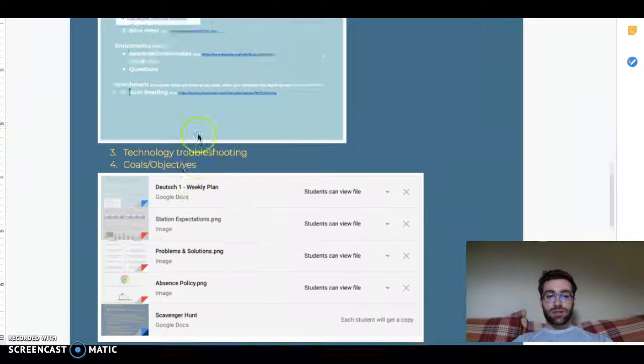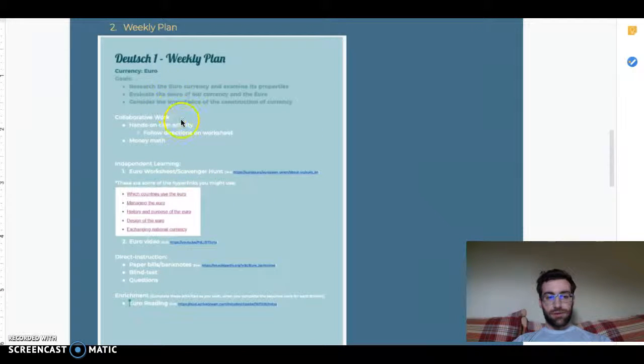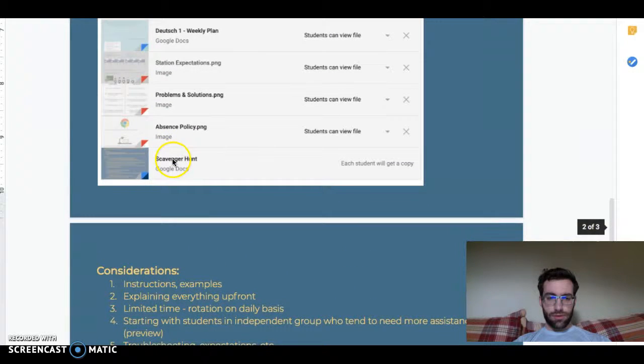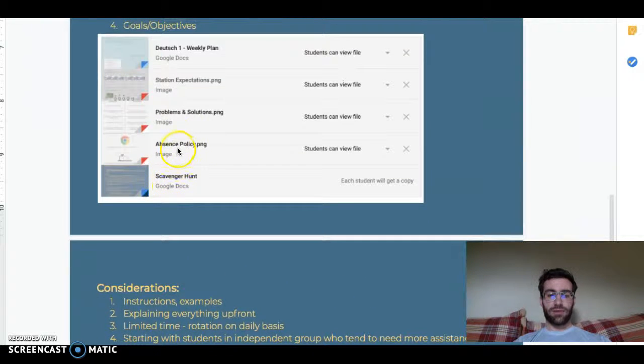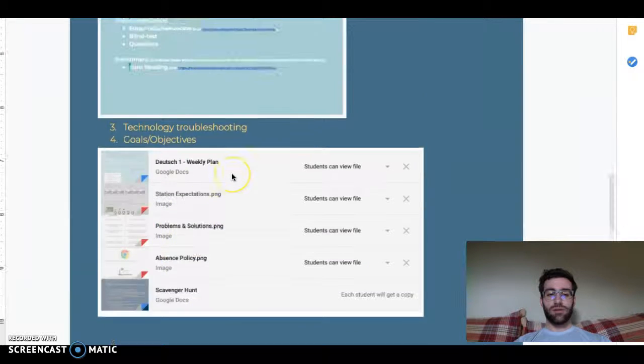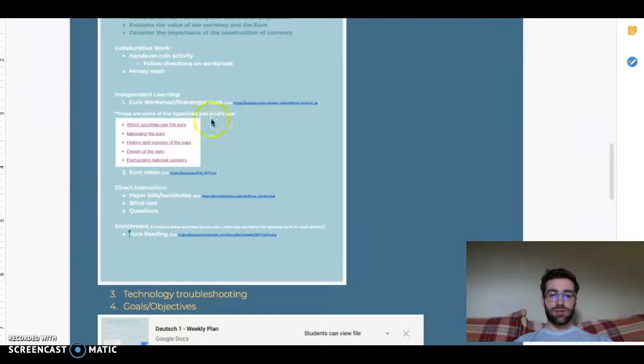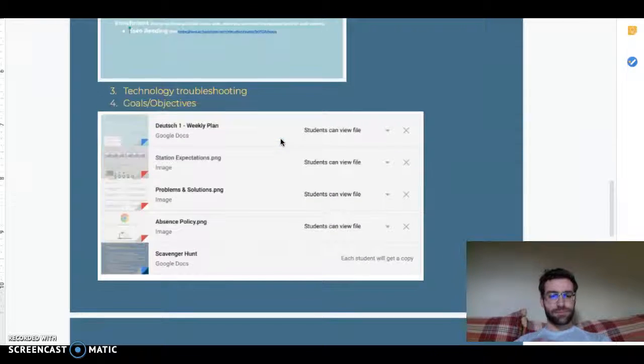And then goals and objectives, which I already mentioned up here under goals on the weekly plan. You can also see there are some other activities listed, the absence policy, and then scavenger hunt, which is dealing with the activities for the independent students, and that's also linked there.